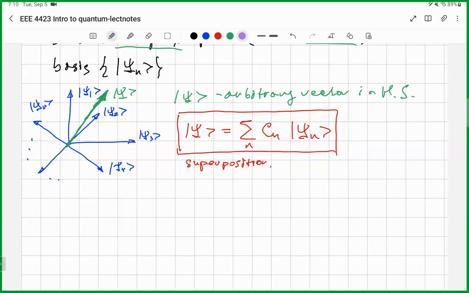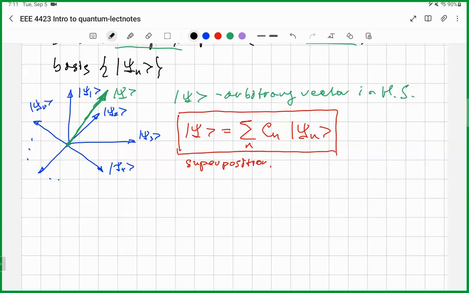It is known as the principle of superposition, but mathematically this is just the representation of this psi vector through its components, its projections on all the eigenstates or on the basis vectors. All these words are the same. In this case, eigenvectors and basis vectors are basically the same thing.